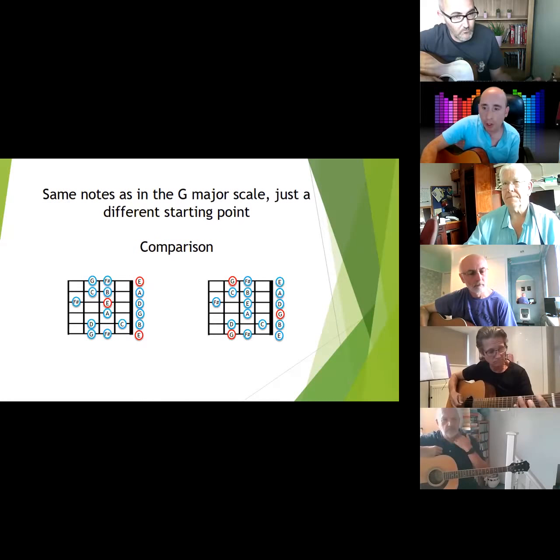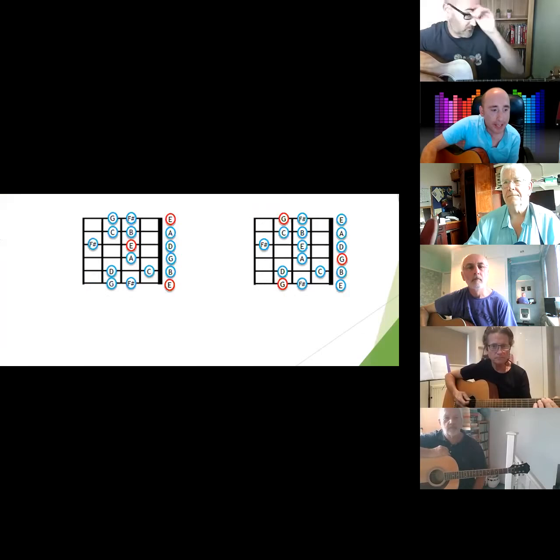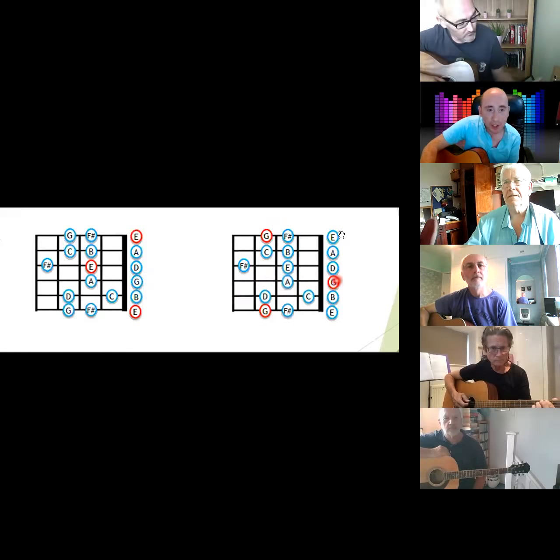Okay, so I want to compare now, when you look at the G major and the E minor. So this is your E minor, this is your G major scale. Just like we did a C major scale, it's going to sound like a major scale, but starting on whatever start note. So I'll play the E minor one.